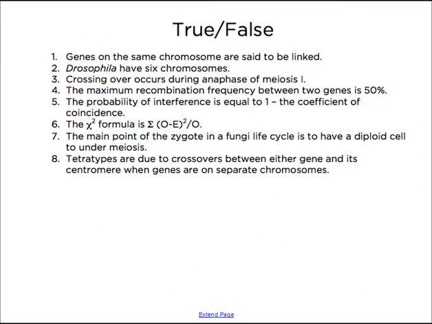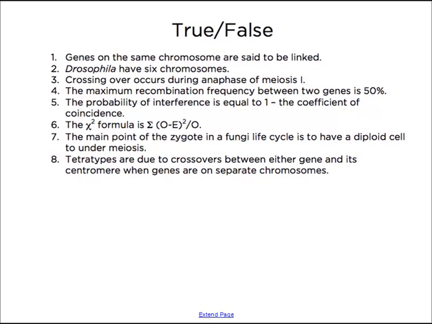Let's look at the true-false problems for this section. All of these problems are likely to be about linkage or something related to it, so let's check it out. Number 1, genes on the same chromosome are said to be linked. Well, the answer to this is true, but just be a little bit careful, because by definition, that's what linkage is, genes on the same chromosome.